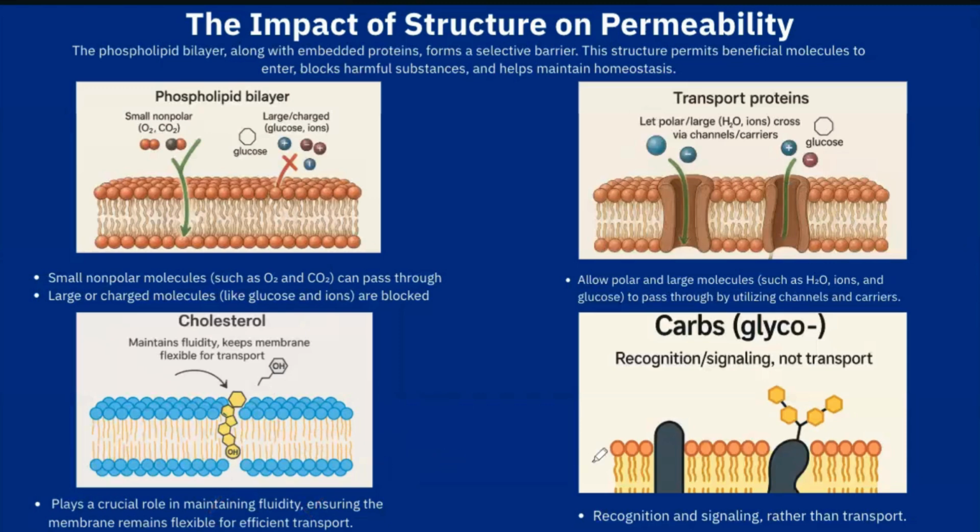Lastly, we have carbs. If you notice, we talked about glycolipids and glycoproteins, all starting with the root word glyco. In those, you'll see protruding structures coming out on the outside of the cell. And that's because if you take a look at a cell, we need to be able to receive signals from the outside.